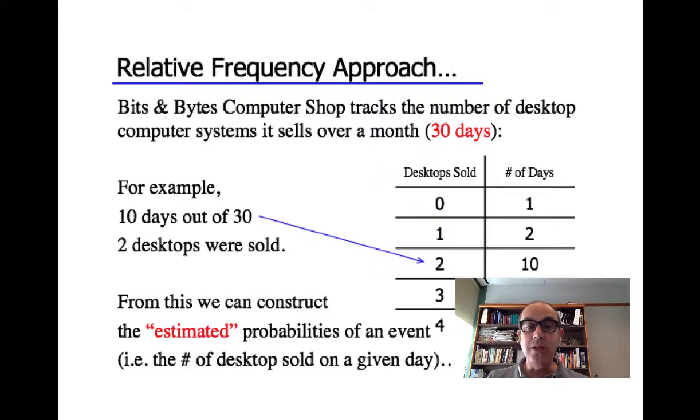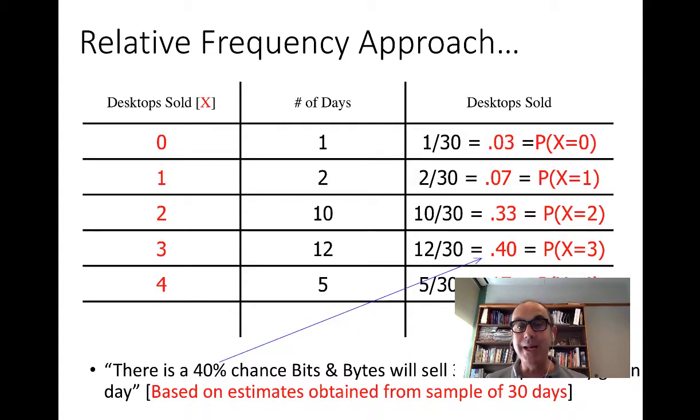So we can construct an estimated probability of an event based on it. The idea here is that every day we have the number of desktops sold, the number of days, and we have the ability to estimate with that regard. So 1 divided by 30 is the first day.